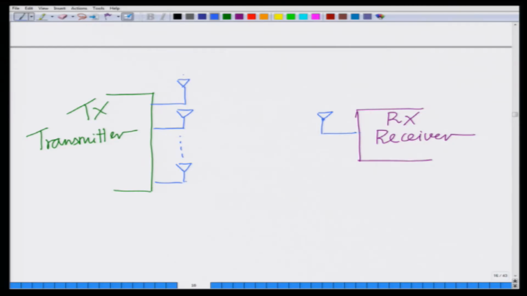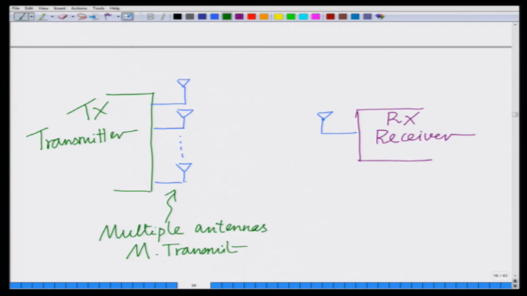Each of these triangles is basically an antenna, and what I am saying is, for instance, this is my transmitter and there are M transmit antennas, and there is a single receive antenna at the receiver.